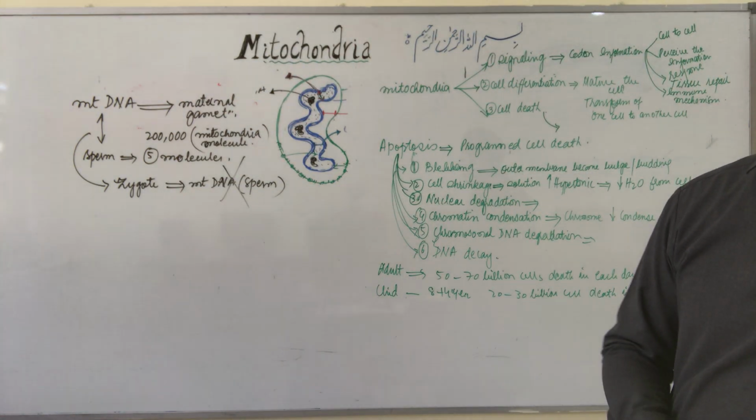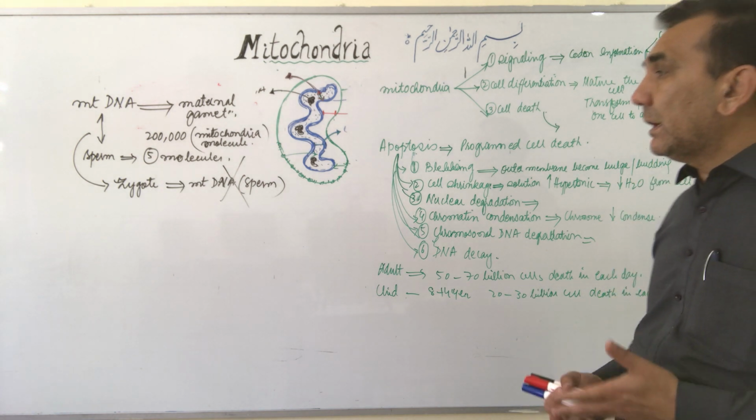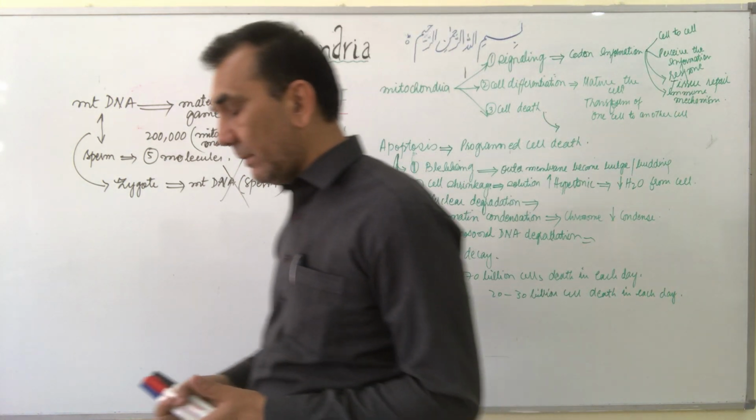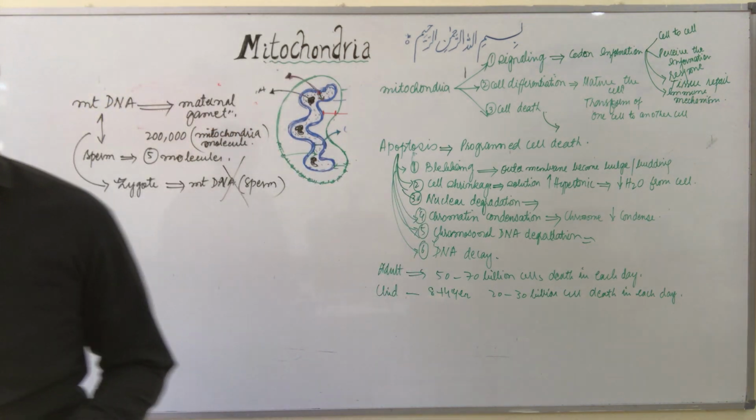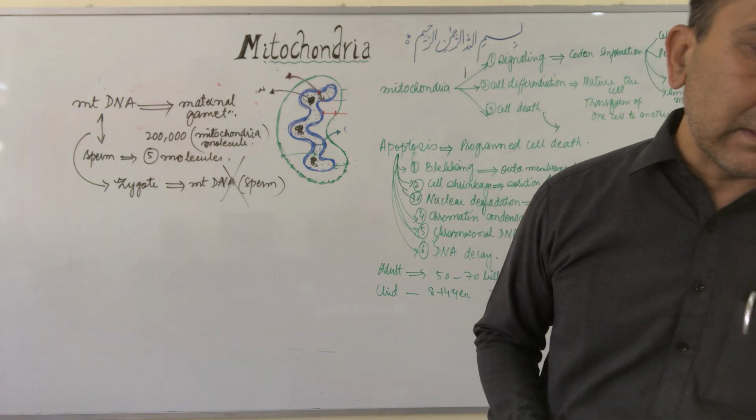And the mitochondria actually convert chemical energy to produce the ATPs, and convert food into energy through a chemical mechanism.